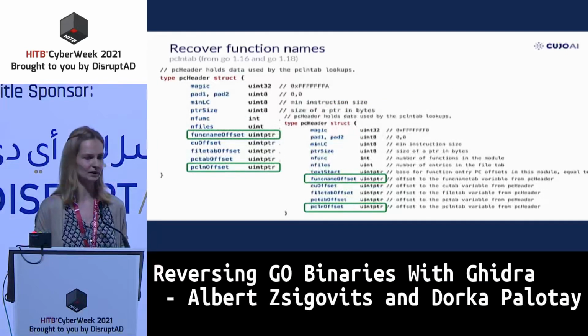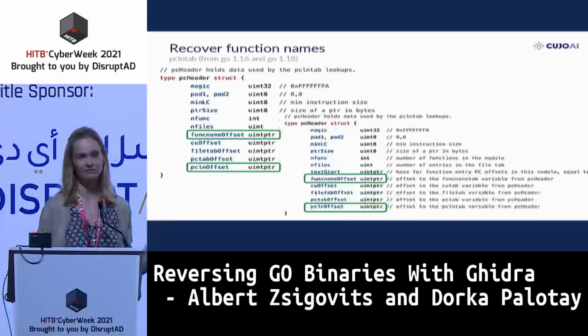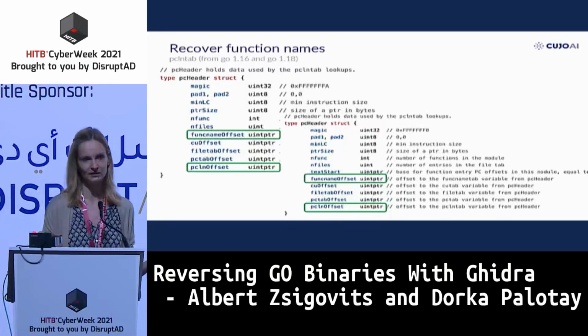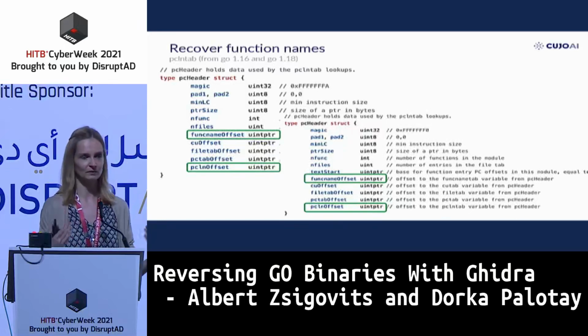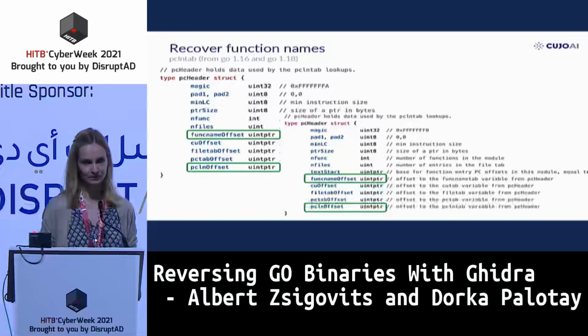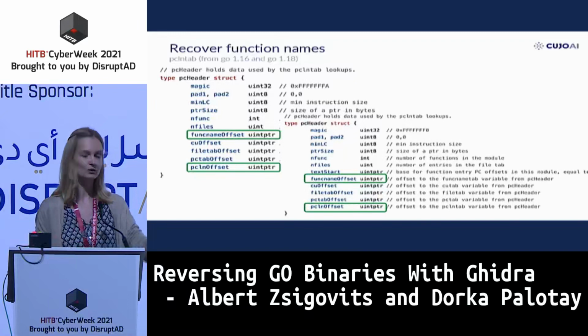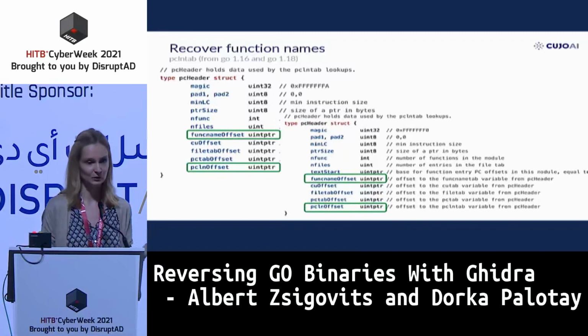Our script is already updated for 1.16 and will be shortly for 1.18 as well. So basically we have all the information there still, but the function name offset and also this function metadata table was moved to somewhere else. I won't go into details, but it's still there, so we can just find it using this information.